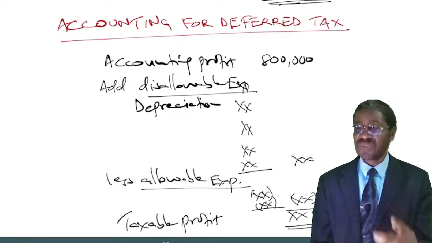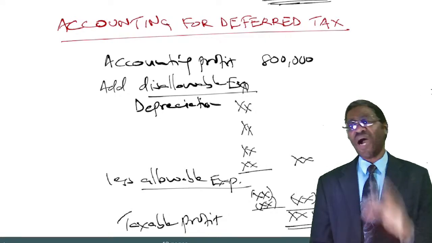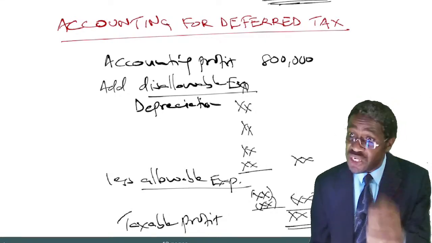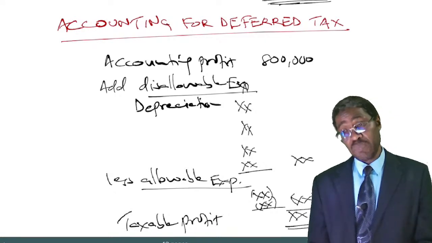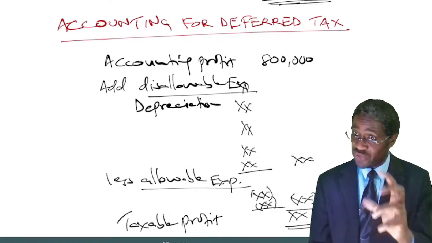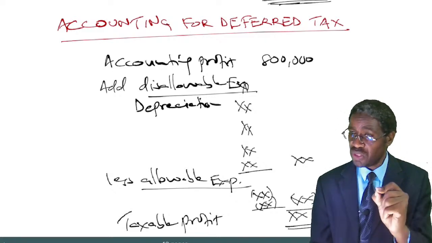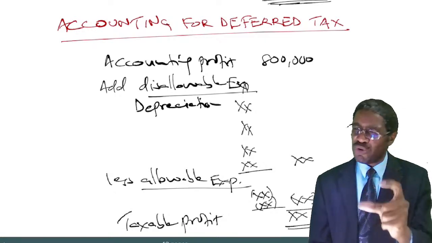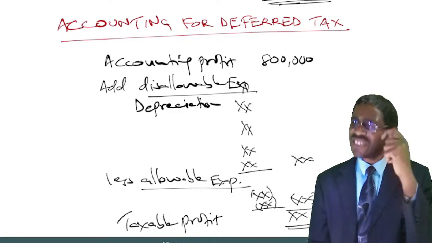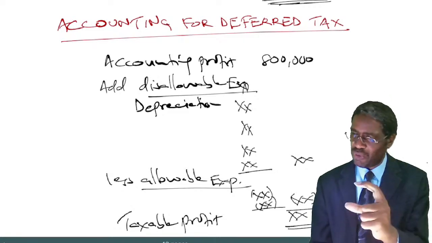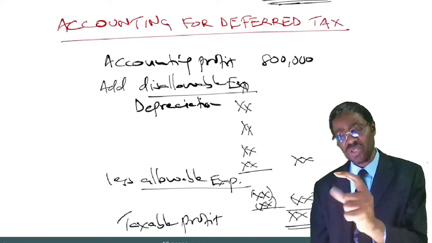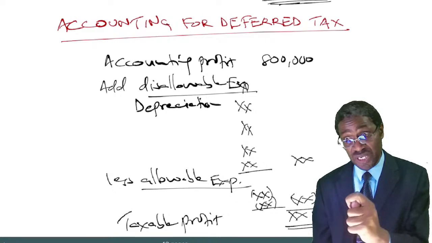That's one. Another example of a disallowable expense is what we call provisions for bad debts, the general provisions. You all know that general provisions for bad debts are not recognized for tax purposes until the loss becomes specific.